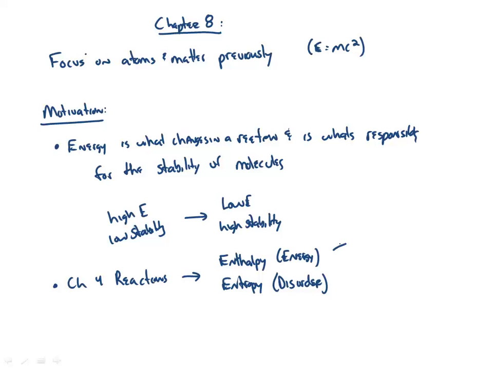And so chapter 8 is going to be on energy, and then we pick up disorder second semester, and I forget which chapter that is. I want to say 12 or 13, but I tend to forget the chapter numbers pretty easily, so don't hold me to that.